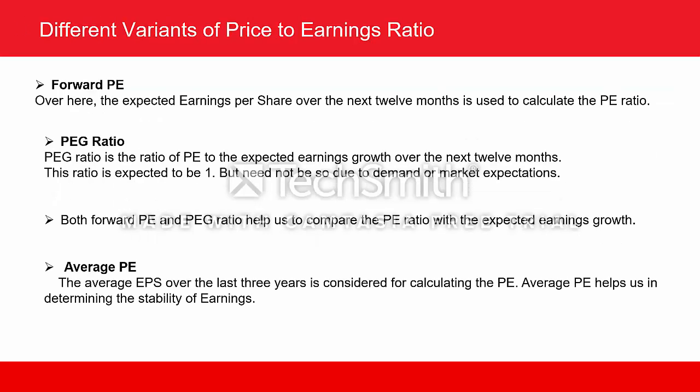There are certain other variants of the PE ratio. One is the forward PE, also called the forward multiples. So for forward multiples, the denominator is not the trailing 12 months earnings. It is the expected earnings over the next 12 months.